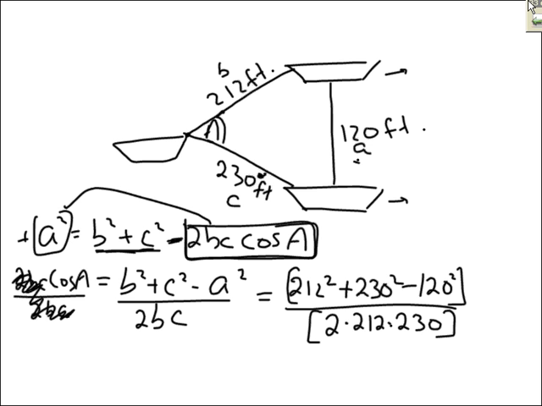Close the bracket, execute in my calculator. So we now know what cosine A equals. It equals 0.8557. That's what cosine A equals. That A is the cosine inverse of 0.8557.